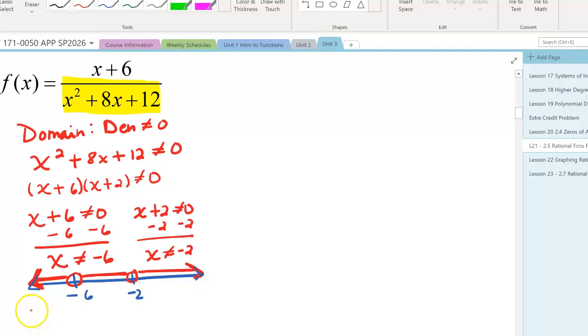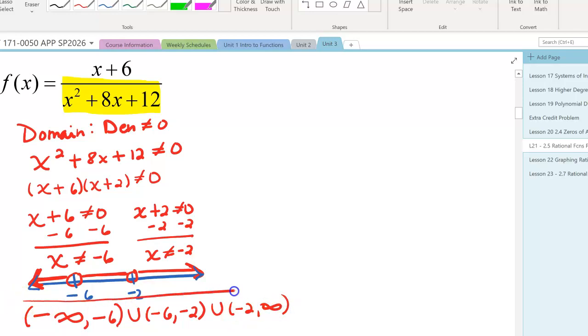So using interval notation, I have -infinity up to -6, union -6 to -2, union -2 to infinity. And that is the domain of this rational function.